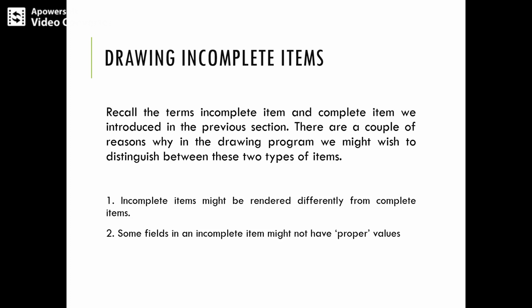First, an incomplete item might be rendered differently from the complete items. So this is the first case we need to discuss a lot: why and for what reasons this could be the case, because of the rendering of any object.